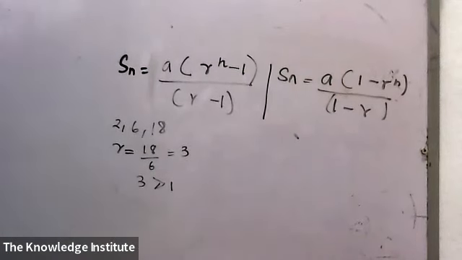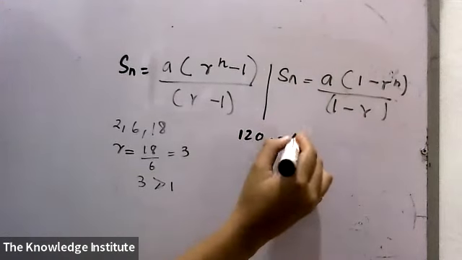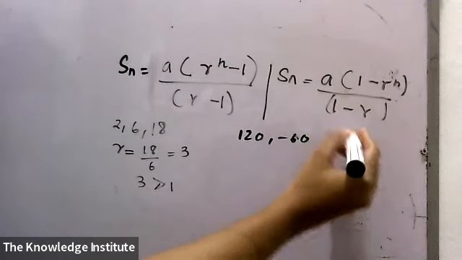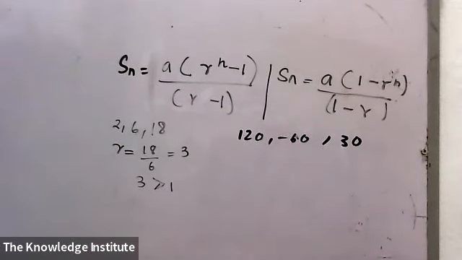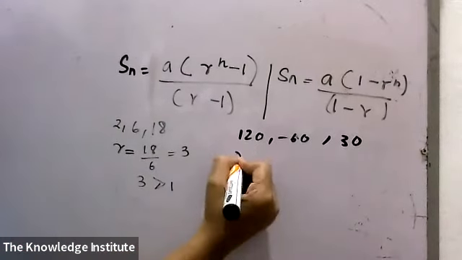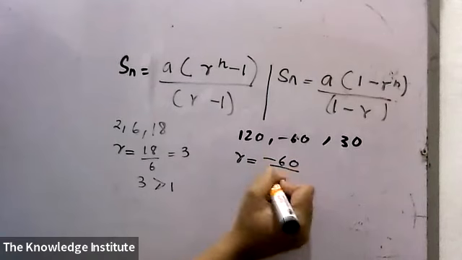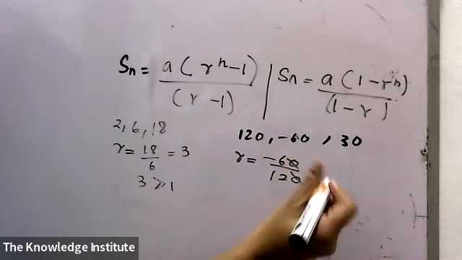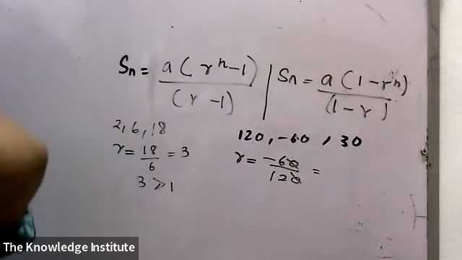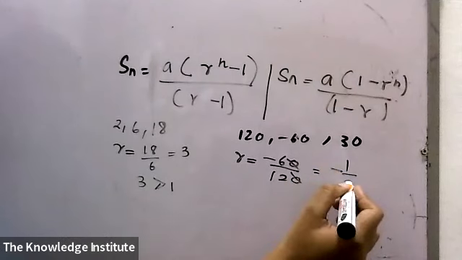Let's say you have a geometric progression as 120, minus 60 and 30. Can anyone tell me the common ratio? Minus 60 divided by 120. Two different signs in division give your final answer as a negative value, minus 1 over 2.